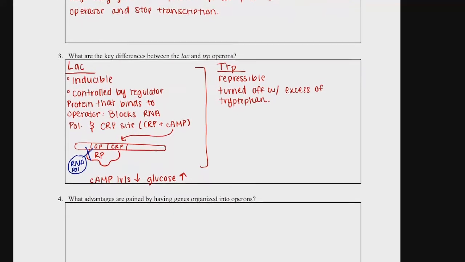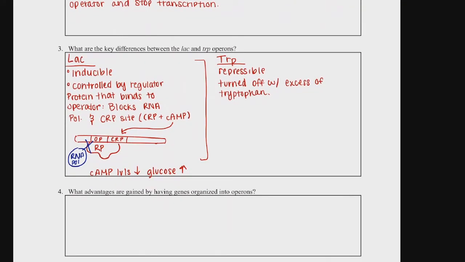Alright, next question is, what advantages are gained by having genes organized into operons? And just to reiterate, operons are a cluster of functionally related genes that can be controlled by an on-off switch. And so some advantages is that as they're needed, both systems are set up to simultaneously be on or off all of the genes that are required in a metabolic pathway.